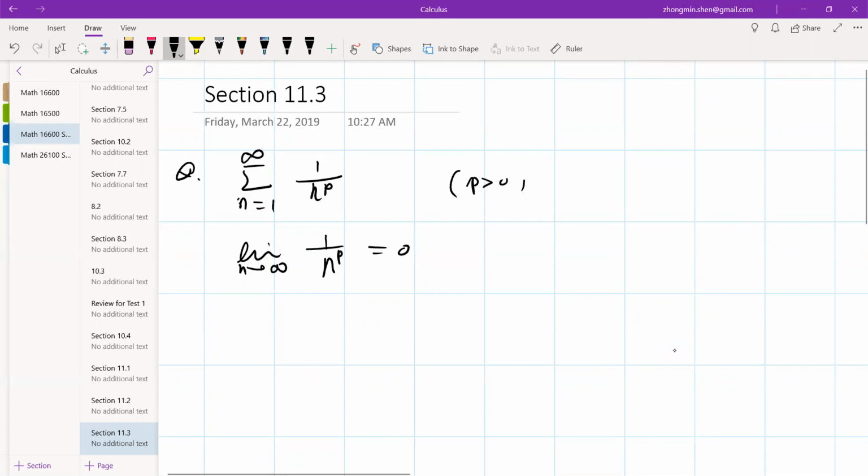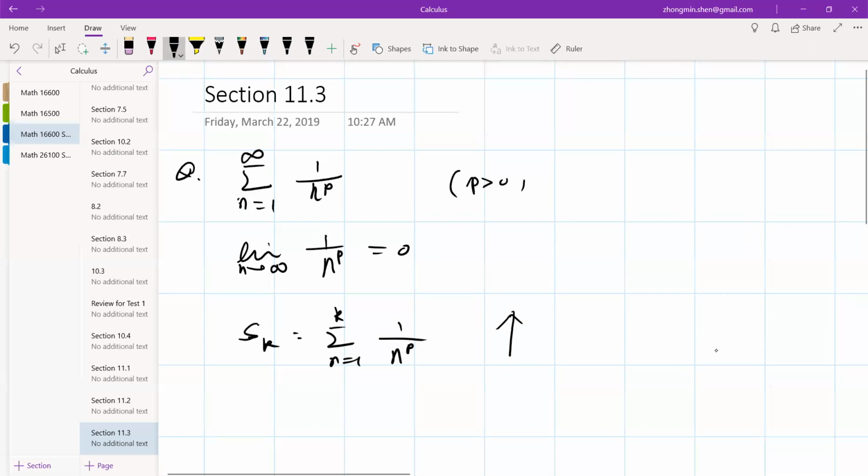Okay, so there's only two possibilities if you let s_k be the partial sum, the sum of n from 1 to k. This is increasing, right? That's only two possibilities. It has an upper bound or no upper bound. If it has an upper bound, then this converges to a finite number.